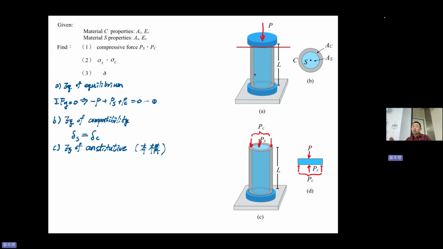Constitutive is actually the relationship between the stress and strain. Stress and strain. It is a relationship between stress and strain, constitutive.